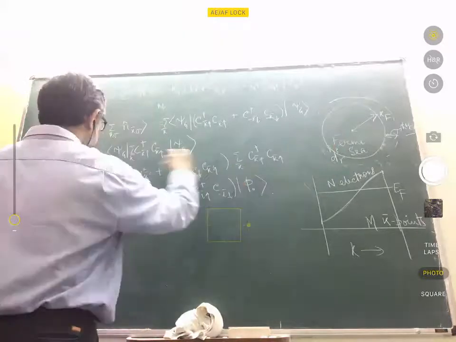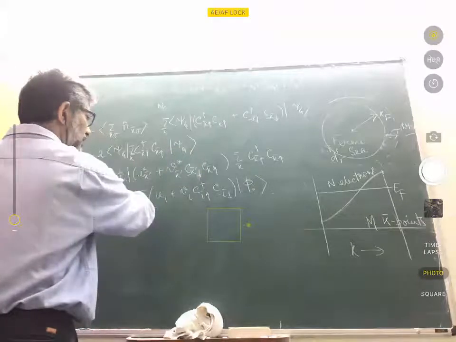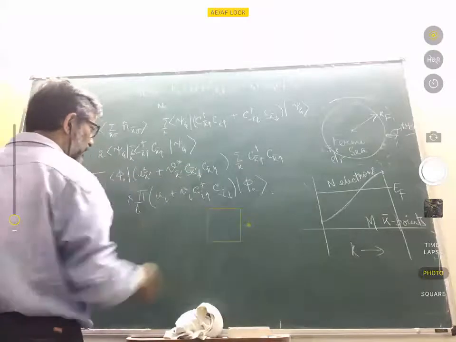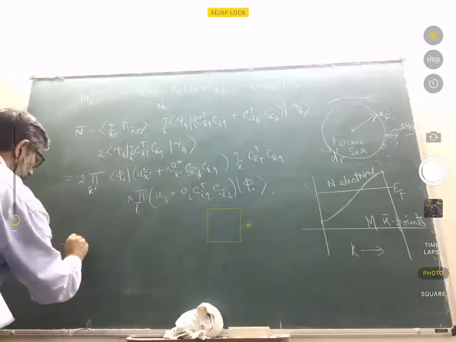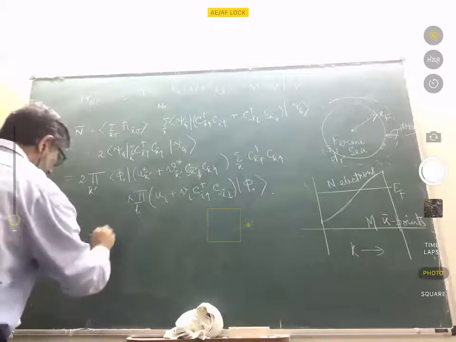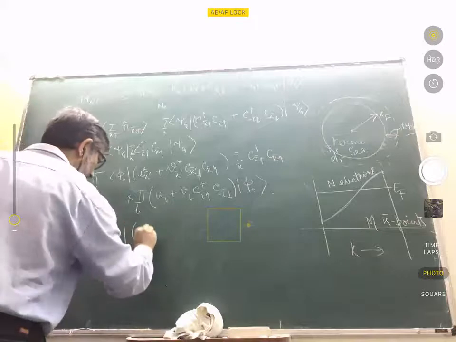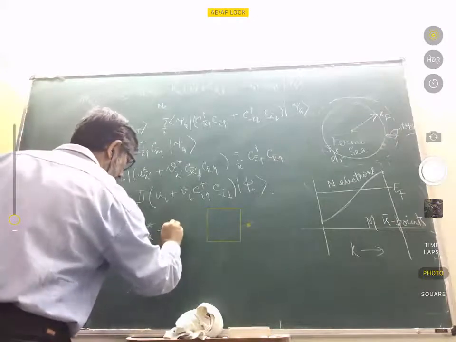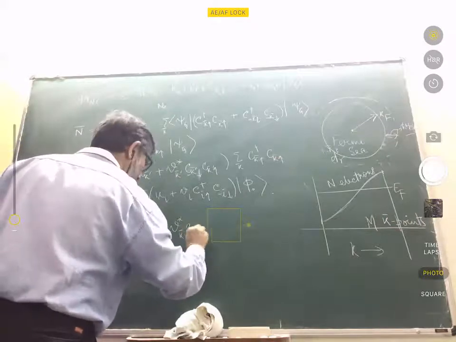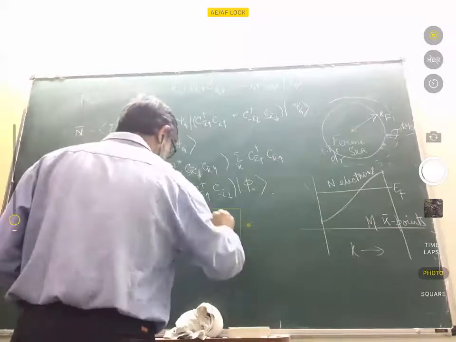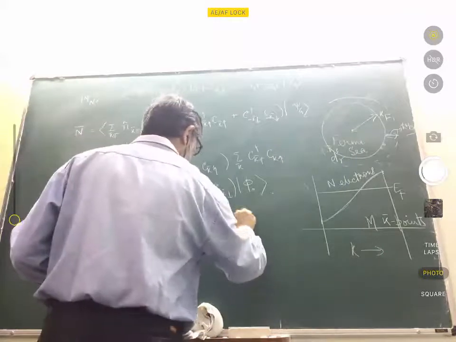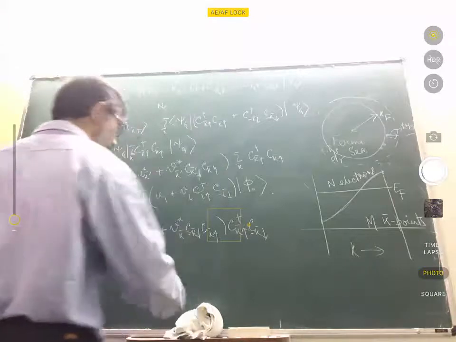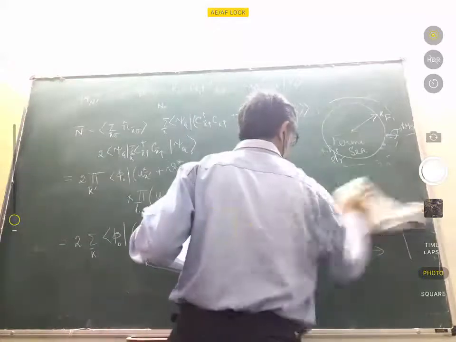So this k sum will be pulled outside, and for each of these indices k, that k factor would be written separately, and whatever is not k will be written separately. So that's that k term that comes from here.